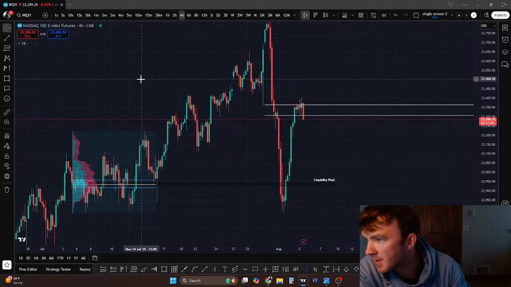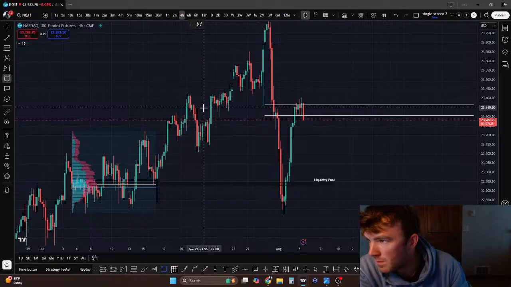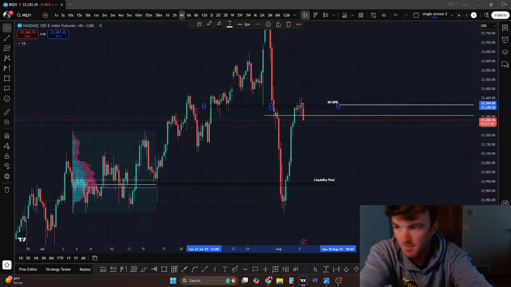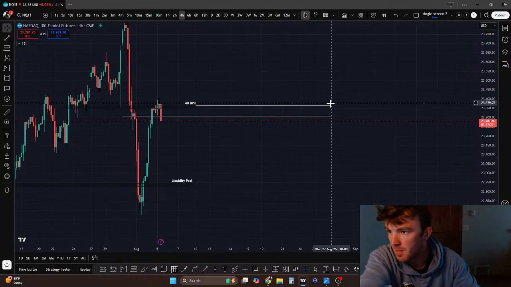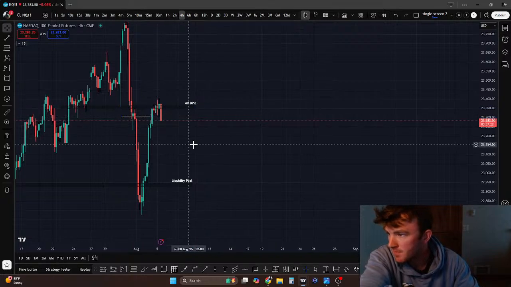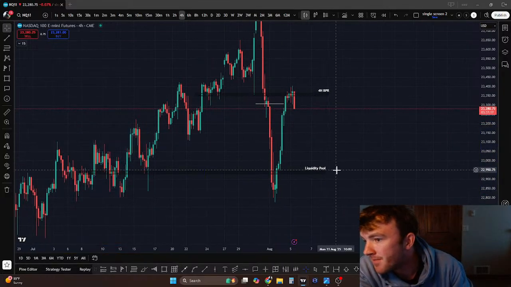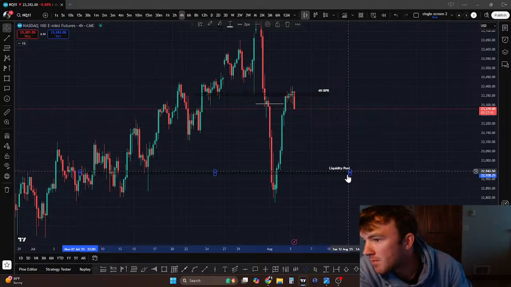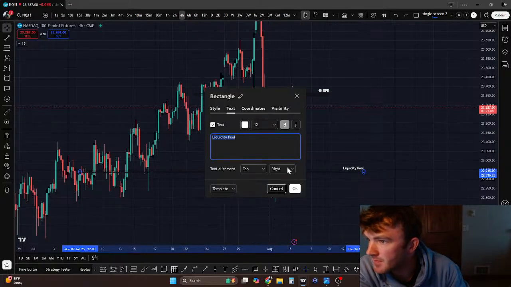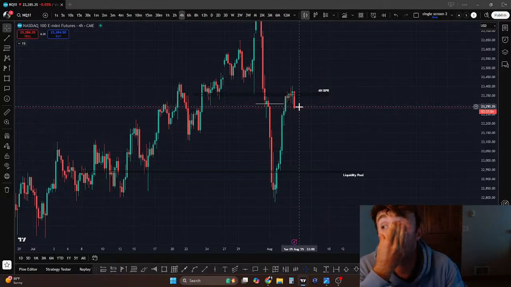Once again, 4-hour BPR. And dogs really do kind of feel like X-ray on the market sometimes. I'm curious if we inverse this 4-hour to the downside.